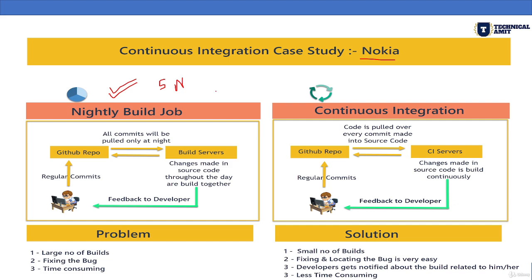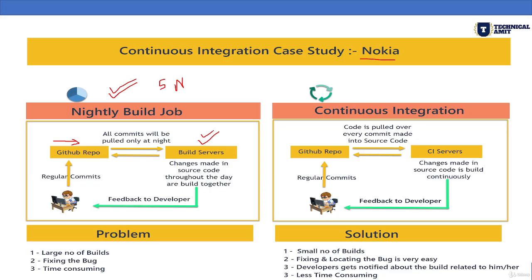All the developers were working and committing changes to the GitHub repo throughout the day. They had a build server which was fetching all the changes from GitHub and then doing the build and compilation, and if there was any error, feedback was given to the developer.